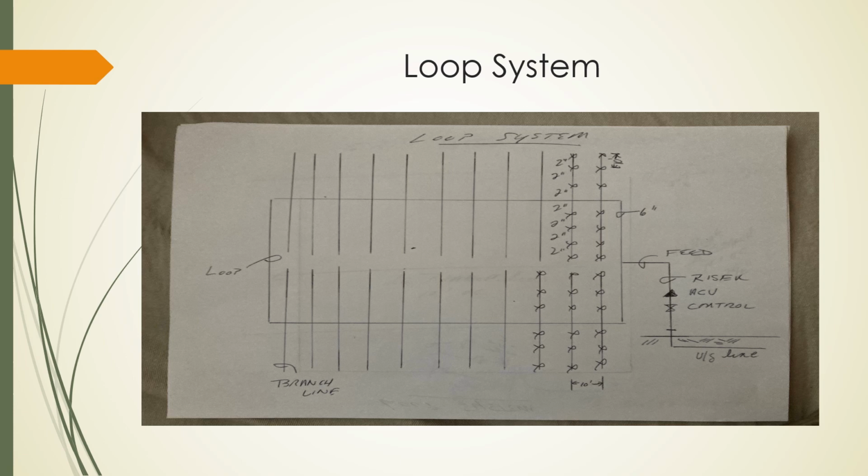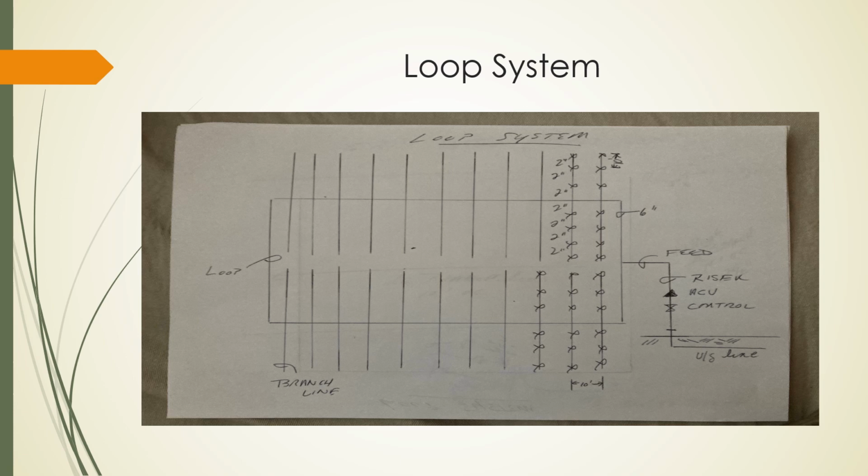The next system is a looped system. It takes components from both the tree and the grid system. Again, it starts with the underground, the riser, the alarm check valve control, then the feeder main. But in this case, what we have is a loop that feeds all the branches.